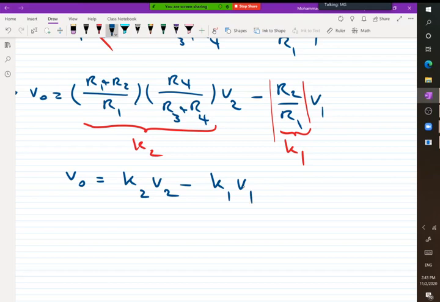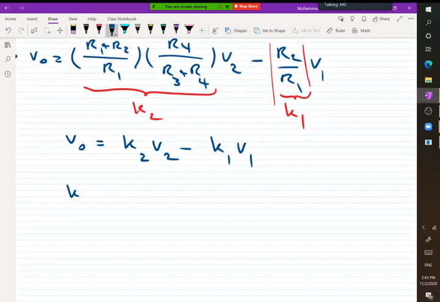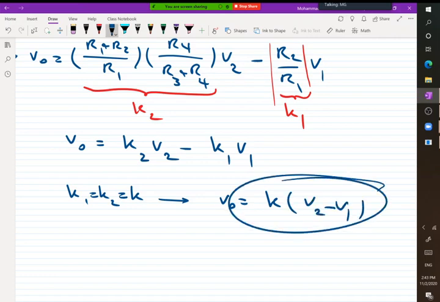Okay, so if we set the value of the resistors in a way that K1 is equal to K2, and call it K, we can say VO is equal to K times (V2 minus V1). We see that the signals were subtracted from each other. Okay, and that's the output.